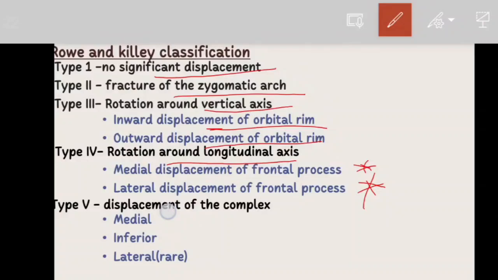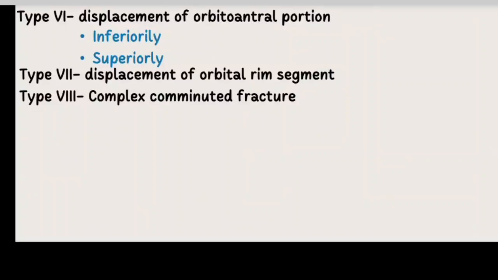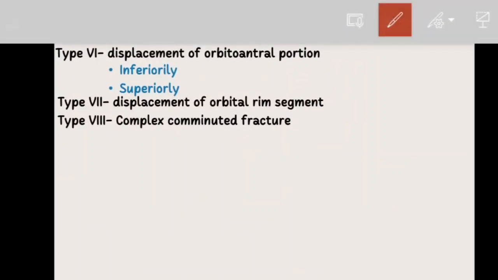Type 5 is displacement of the complex, that is medially, inferiorly and laterally, which is very rare. Type 6 is displacement of the orbito-antral segment inferiorly and superiorly. Type 7 is orbital rim segment displacement. Type 8 is a complex comminuted fracture.